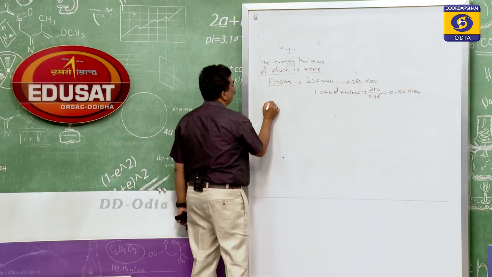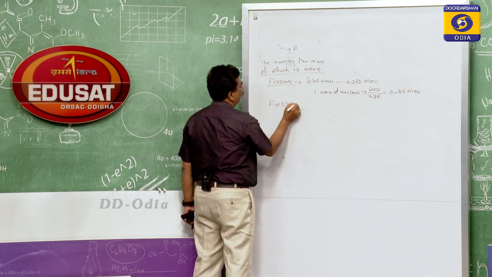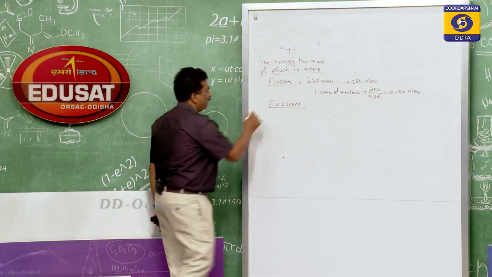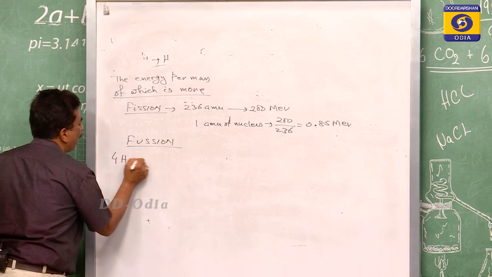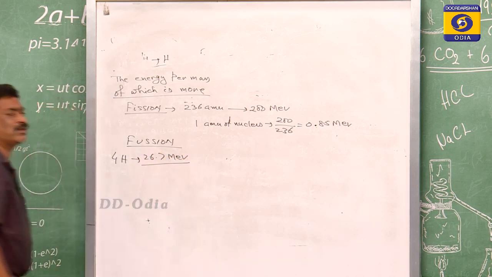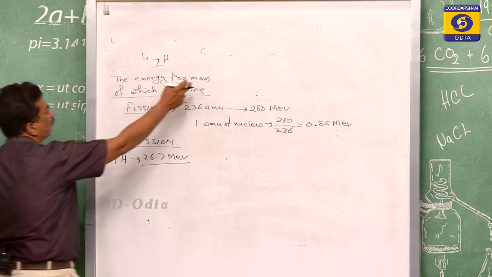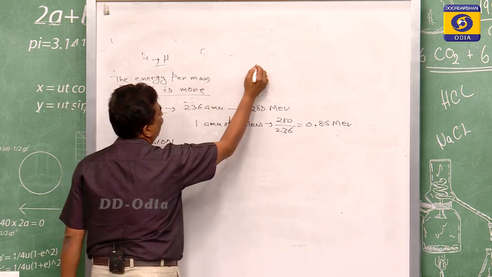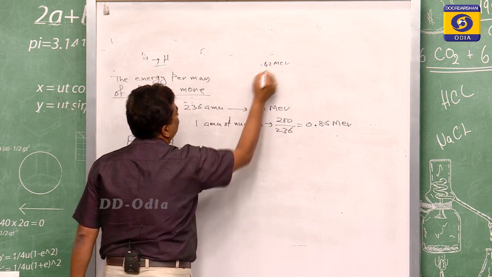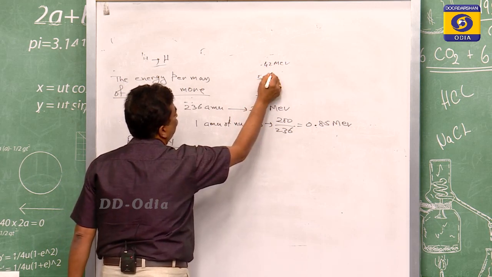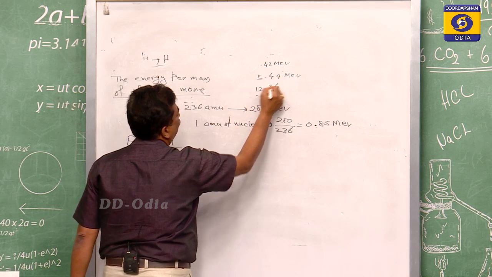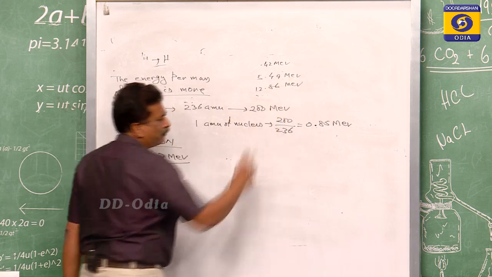But for fusion, the 3 steps which we have made, it is observed that for 4 hydrogen, it gives 26.7 MeV. I have taken the 3 steps: step 1, step 2, step 3. One is 0.42 MeV, then 5.49 MeV, then 12.86 MeV.